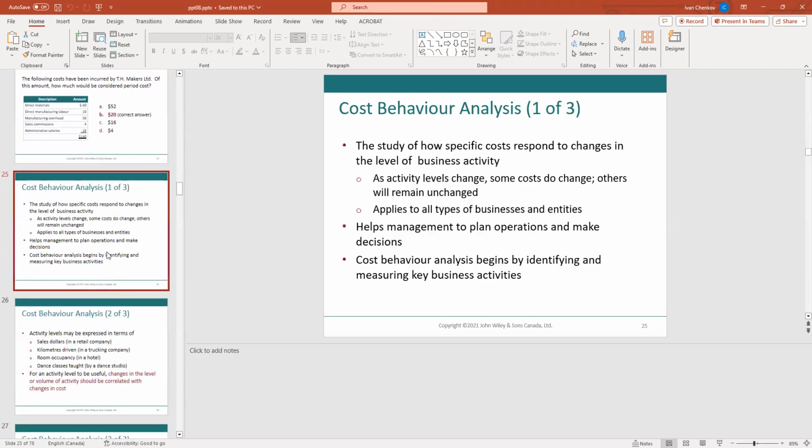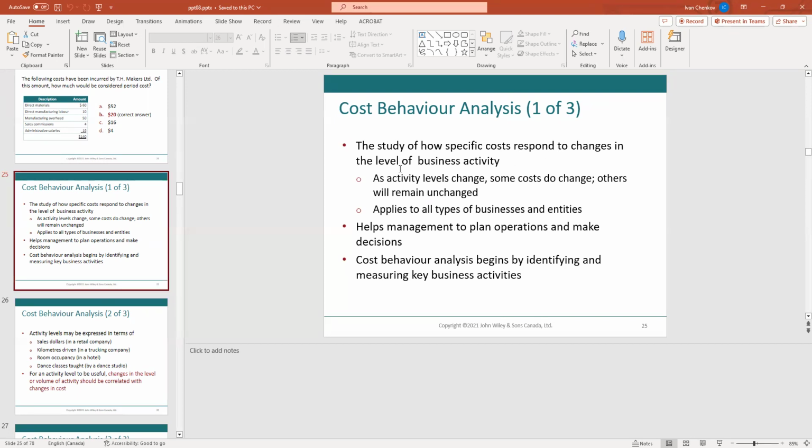Good. Now, how the costs behave is a different classification. First we split the total cost of the company into only two categories: product cost versus period cost. Now we're going to take those costs again and split them by how the costs behave, that is, how the costs respond to changes in the level of business activity.